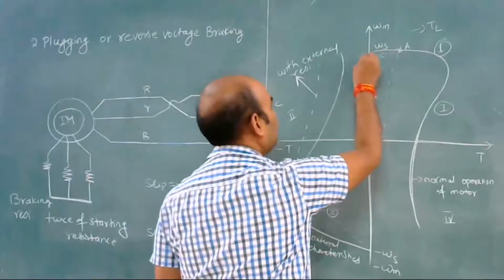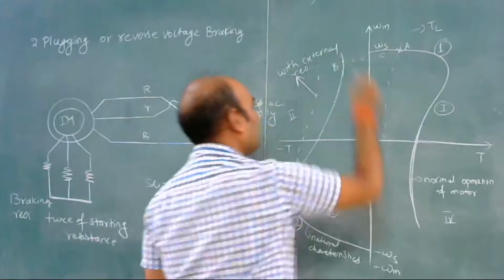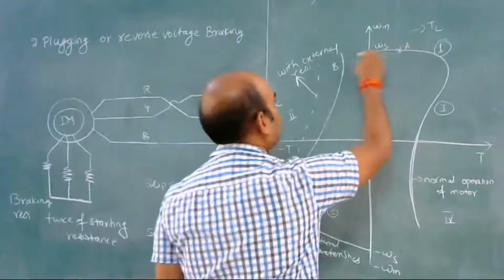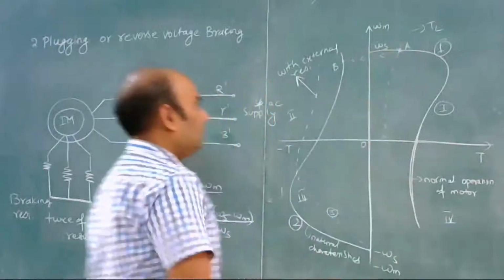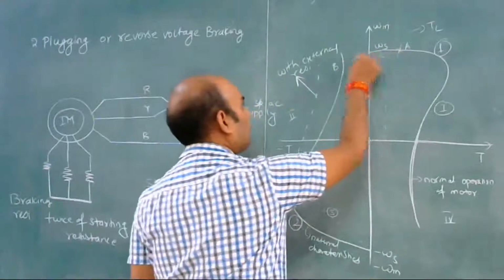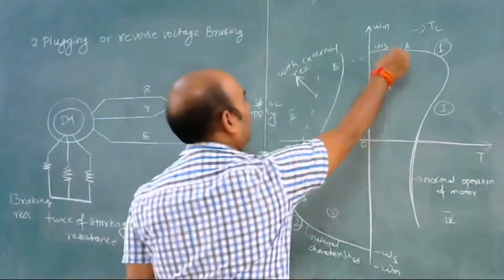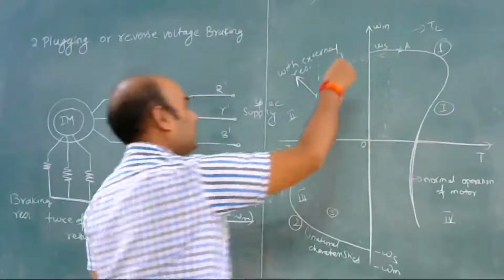Let's say this new operating point is B. The rotor speed will remain constant due to inertia, and the operating point will shift from A to B when the phase sequence is reversed.